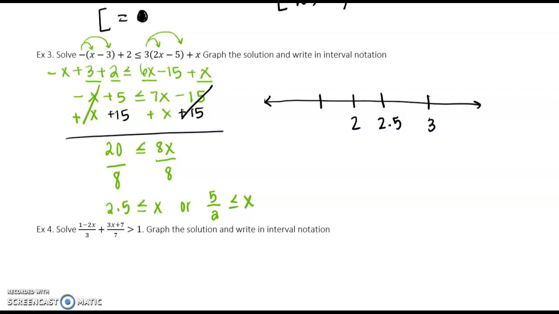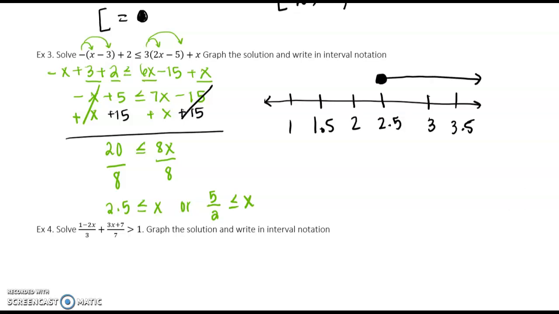So I'm going by 0.5. And because this has an underline, we're going to put a closed circle. And then this is saying 2.5 is less than x. So 2.5 is the smallest number. So that means you're going to be shading over here.